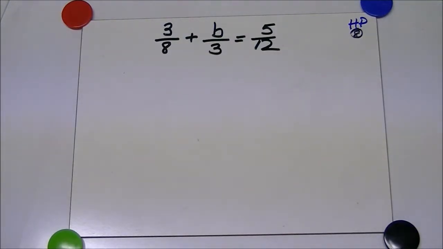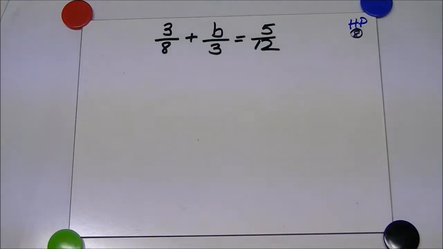Okay, now that you have this down, this is an equation, and we want you to solve it. The protocol for solving an equation with fractions is that we multiply each term by the lowest common denominator.